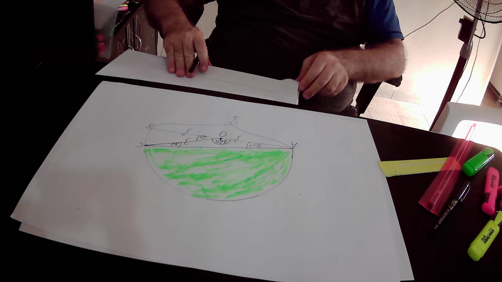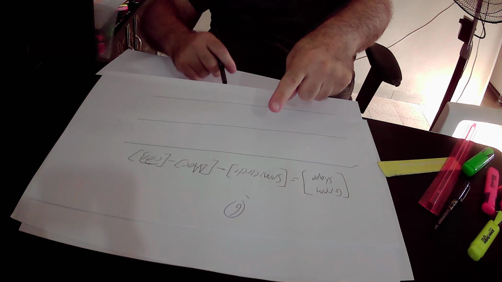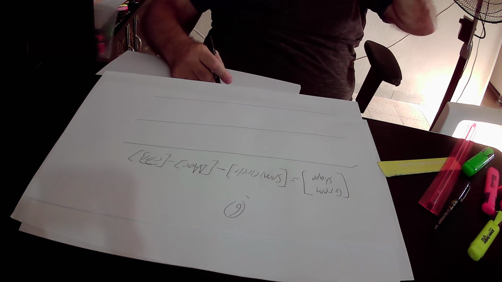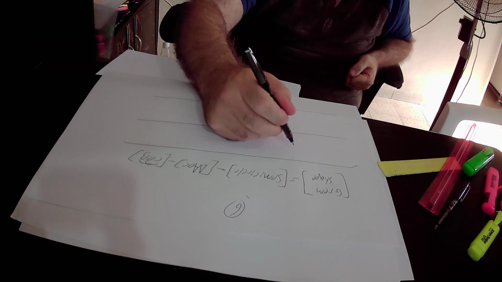Repeat again, the area of the green shape according to the second method equals the area of the semicircle minus the area of triangle AOC minus the area of sector COB.